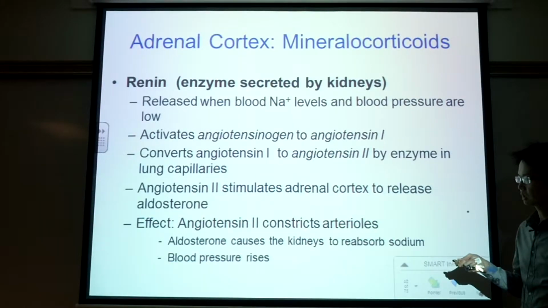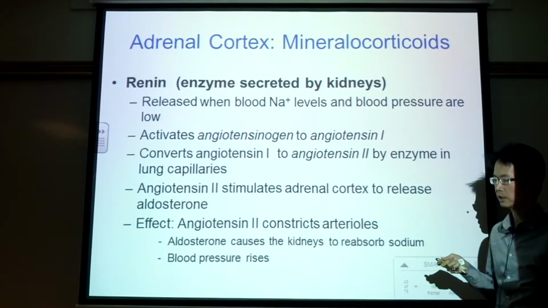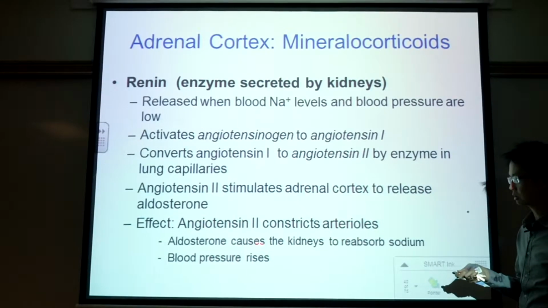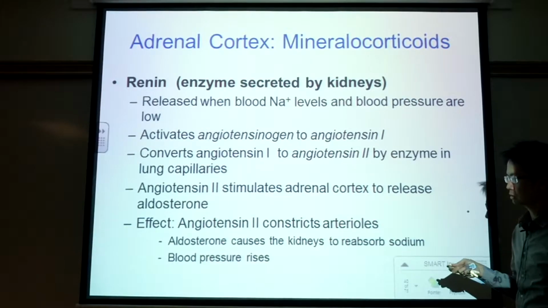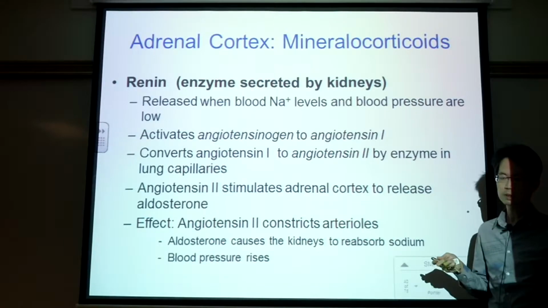Angiotensin 2 will cause vasoconstriction, and vasoconstriction will decrease the glomerular filtration rate, if you still remember what that is. Aldosterone causes the kidney to reabsorb more water and sodium, so more sodium will go to the blood, making the blood more concentrated.